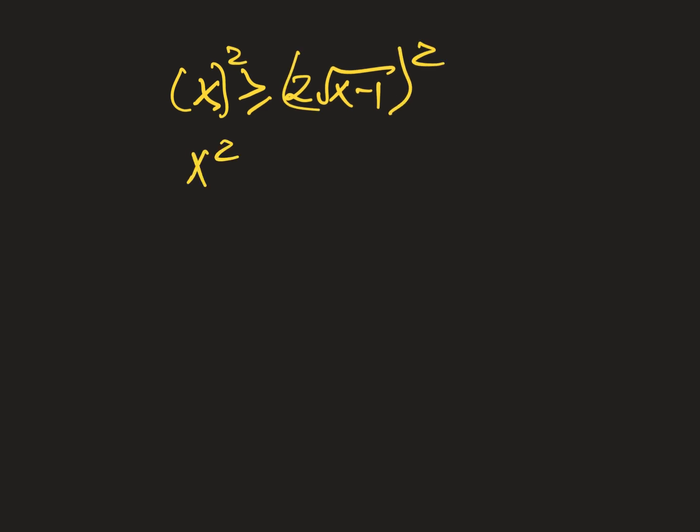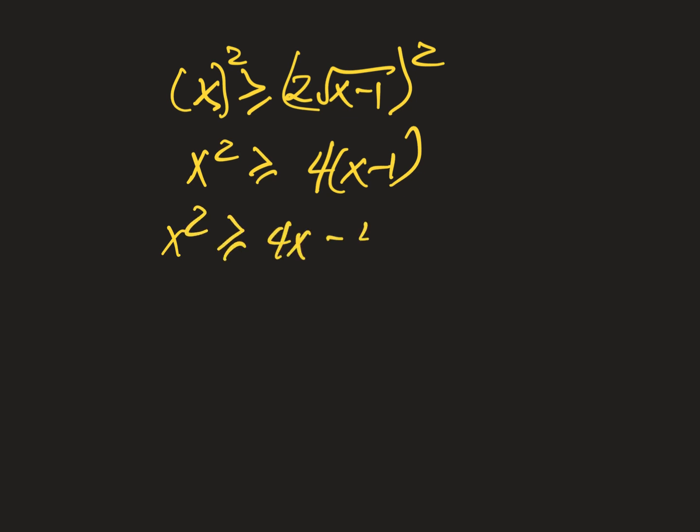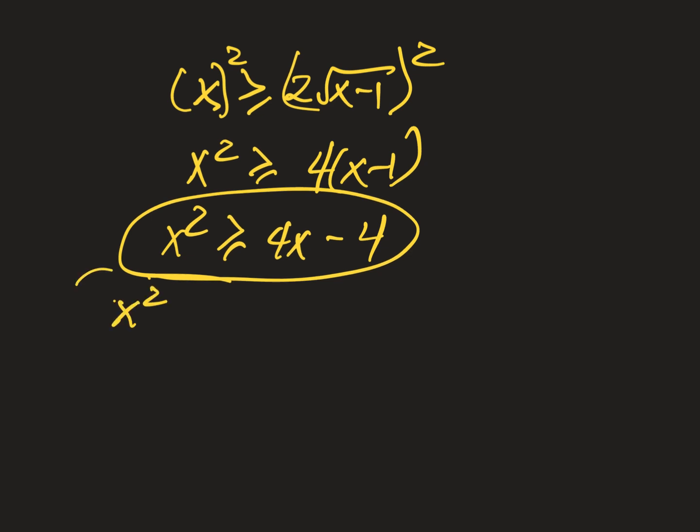So we get x squared is greater than or equal to 4 times x minus 1. And this gives x squared is greater than or equal to 4x minus 4, which is now a quadratic inequality. So sometimes a radical will turn into a quadratic. Since it's a quadratic, now you have to solve it according to those methods.